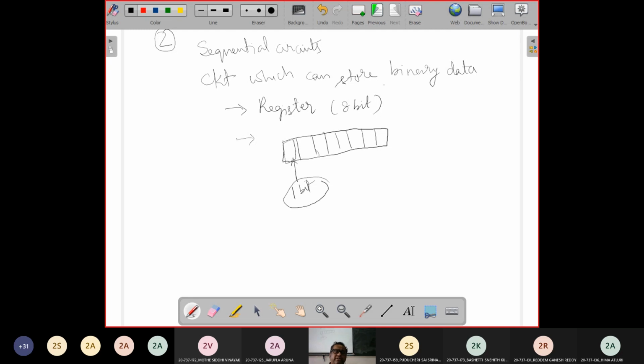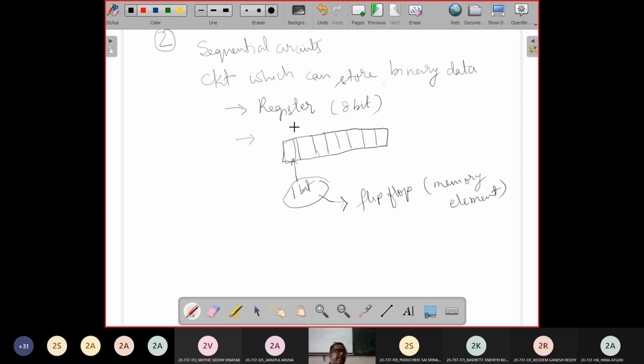The circuit which helps us at the lowest level to store this 1 bit of data is what is referred to as a flip-flop, F-L-I-P, F-L-O-P, and this is the memory element at the lowest level.